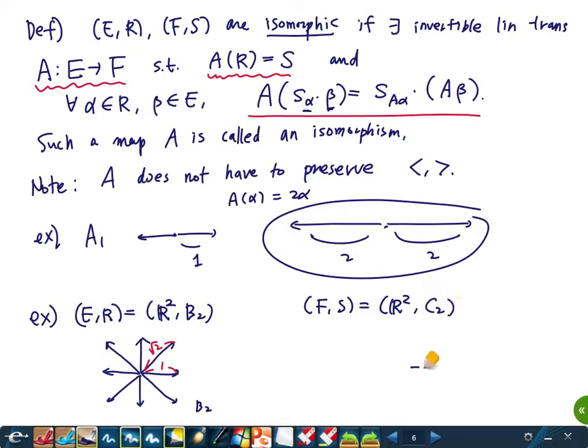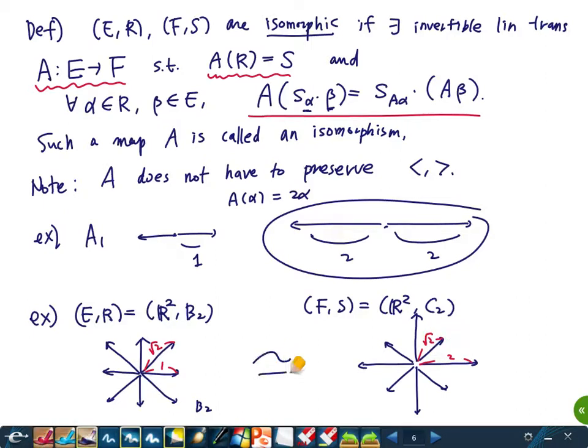We have 2, 2, and like this. So the length here is 2, and the length here is square root of 2. But they are isomorphic.